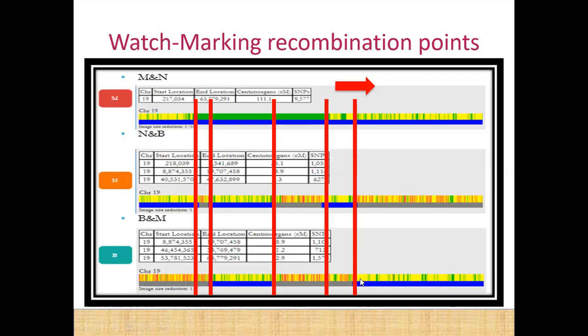They received the same DNA from one of their parents, which we can tell because of this yellow on the top, blue on the bottom. But since we had no changes from this recombination line all the way to the end of the chromosome, that is the end of marking our recombination points for example A.